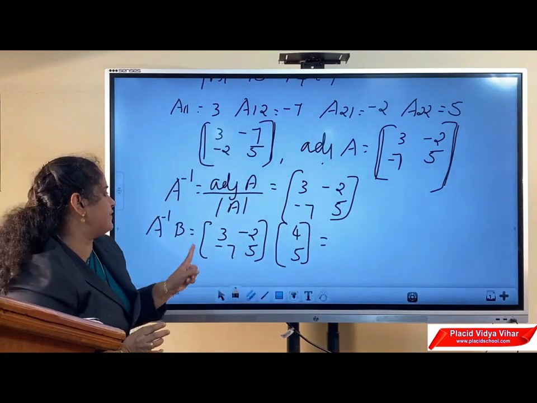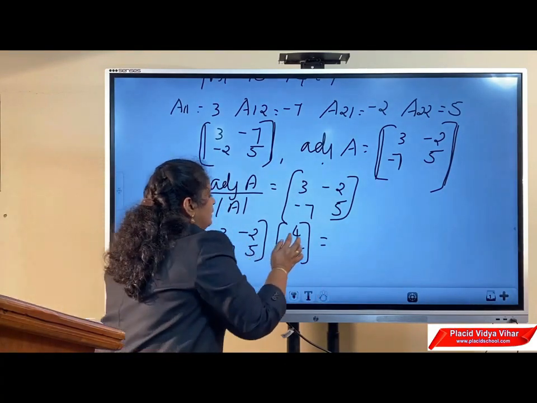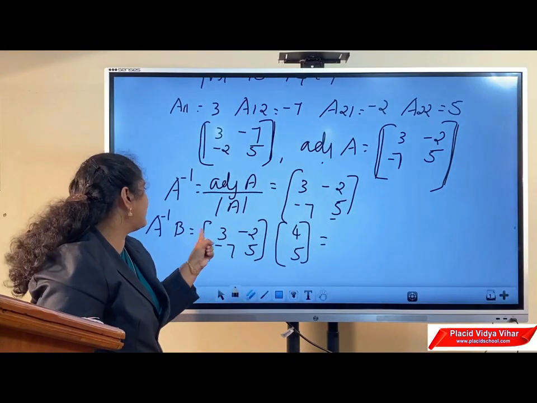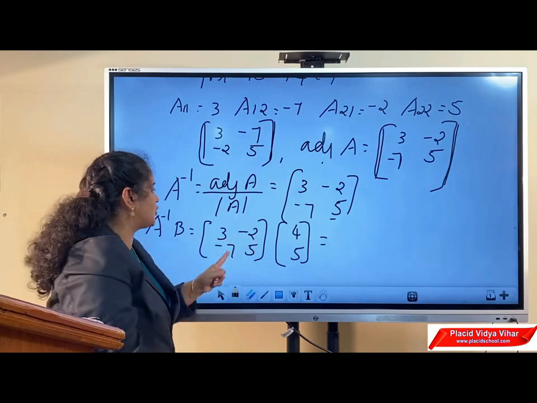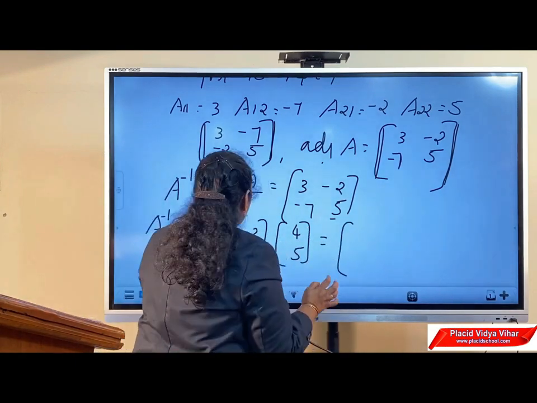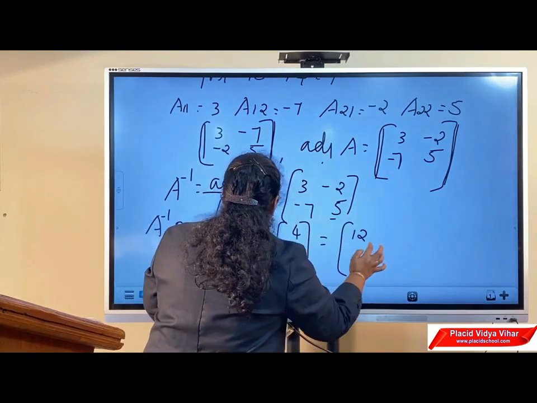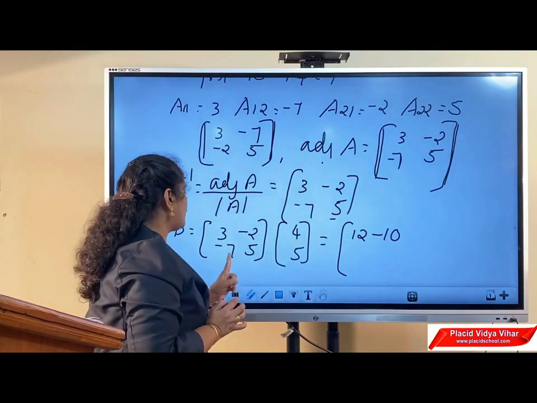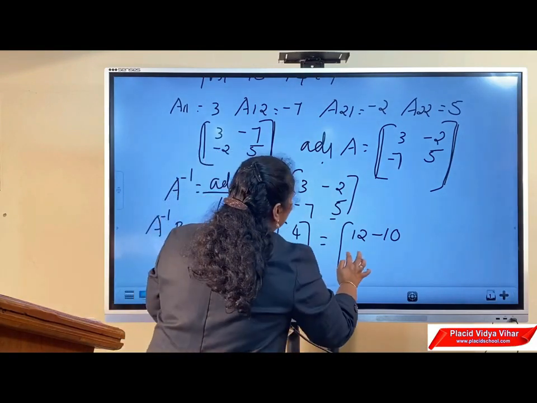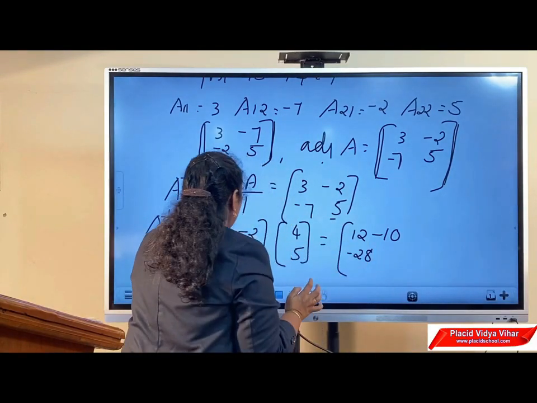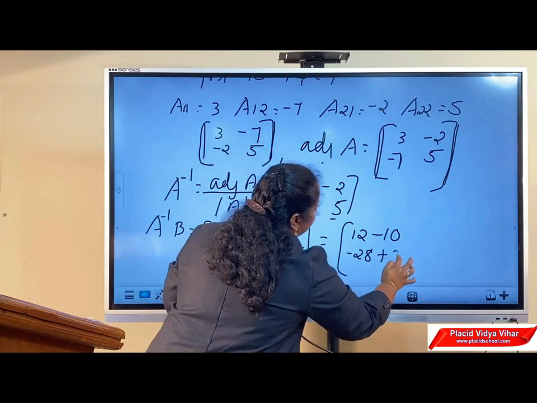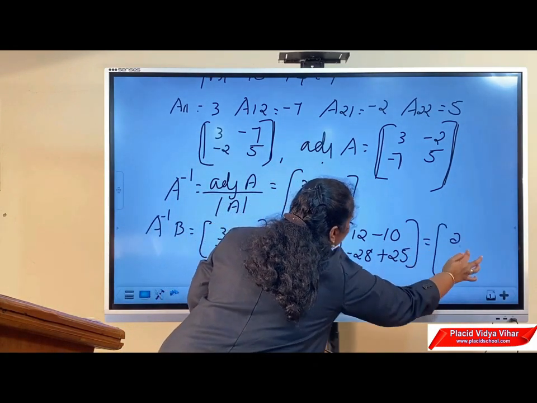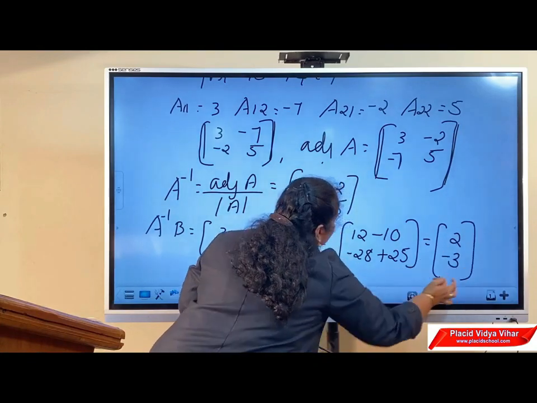First row into first column: 4 threes are 12, minus 2 into 5, minus 10. The second row into first column: minus 7 into 4, minus 28, plus 5 into 5, 25. Therefore, this answer is [2; minus 3].